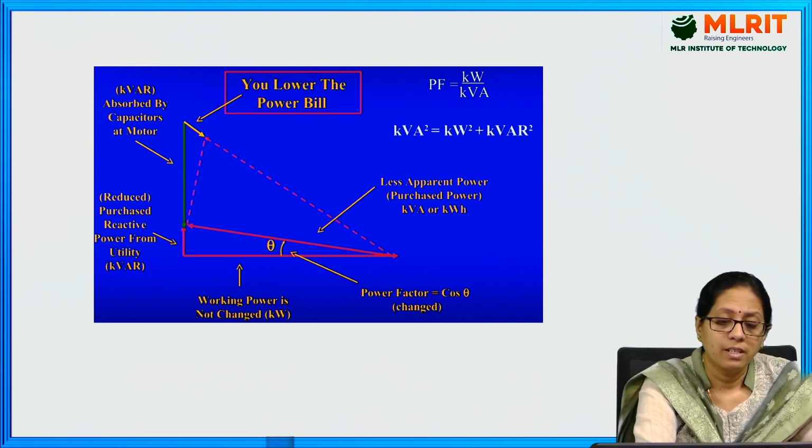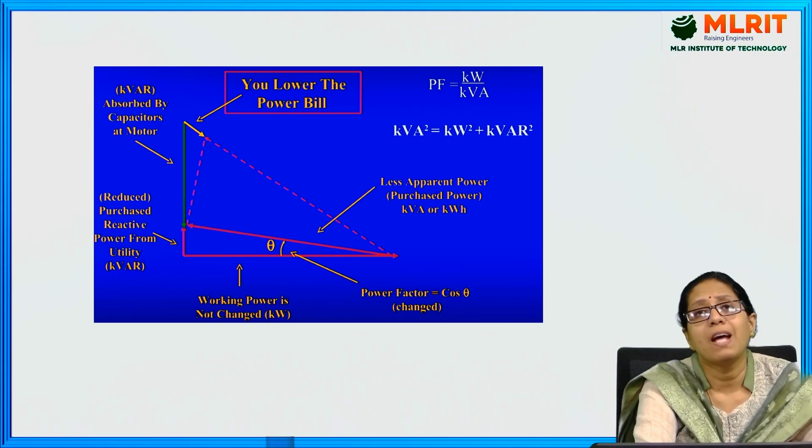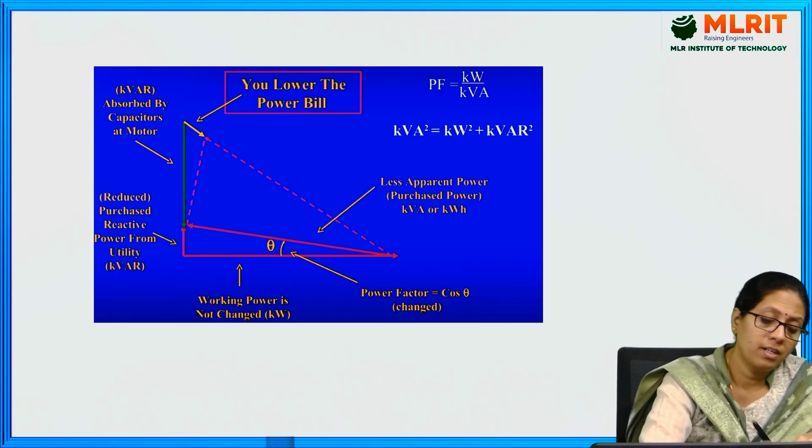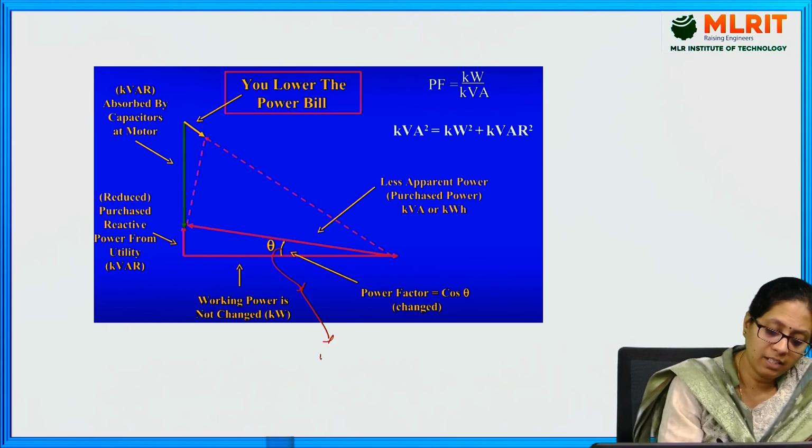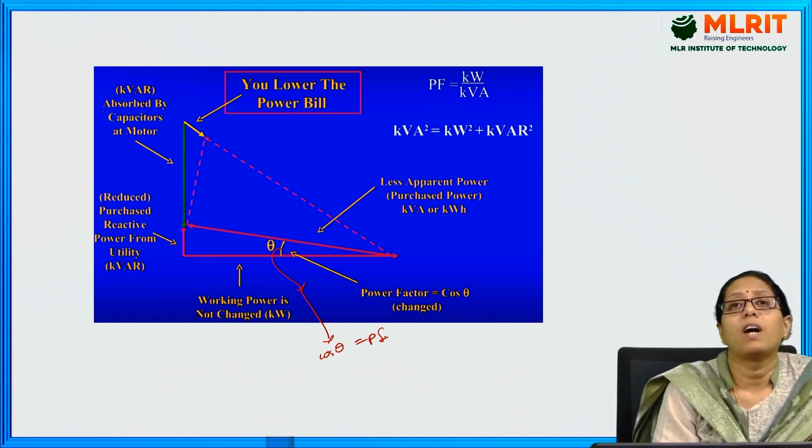Here is a diagram, a triangle. This triangle shows the active power, reactive power as well as the apparent power, and the angle, which is theta; cos theta is your power factor.